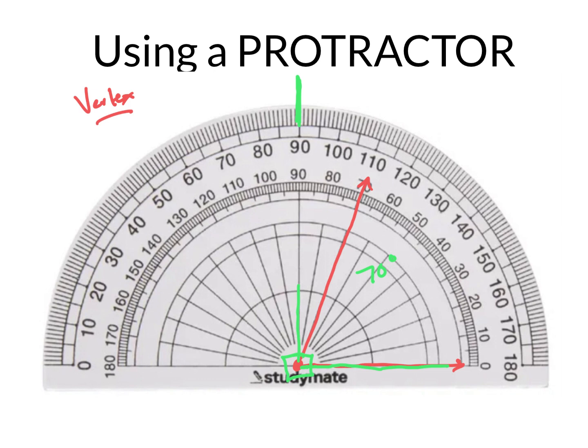Let's do another one. So let's say this time I'll draw it like this. You'll be given a piece of paper, and you'll have to place your protractor on the vertex with that bottom line, that zero line, running along one of the rays.